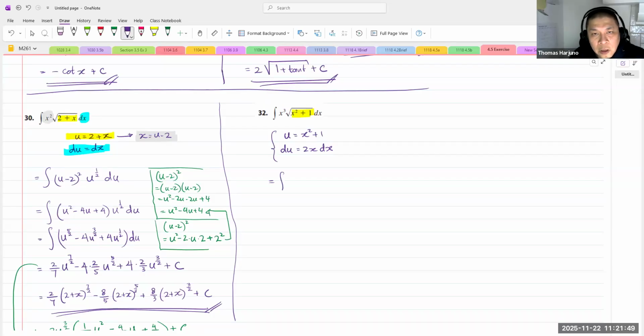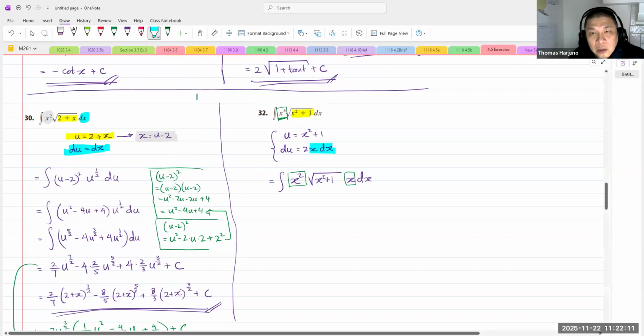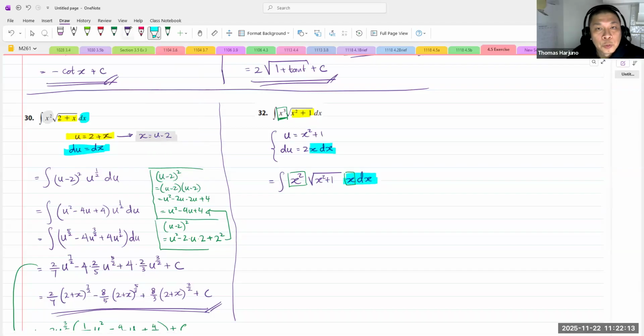So this is the integral of x squared times x dx square root of x squared plus 1. So you see that x cubed there now becomes x squared times x. Later on, that x dx will tag together and become part of our du, right? du over 2 becomes x dx.